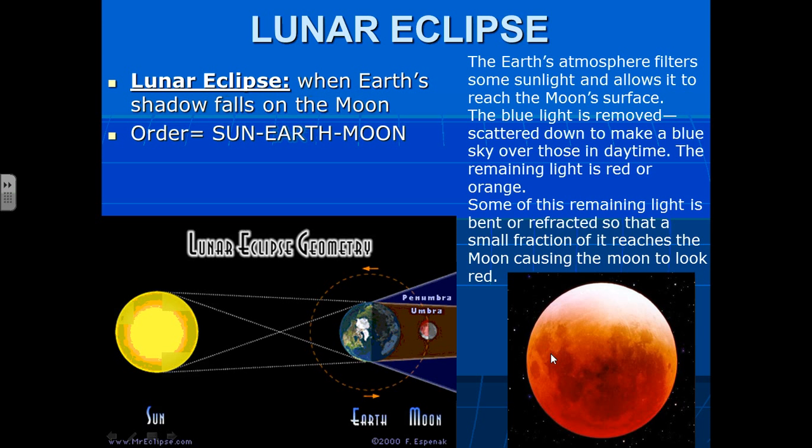The remaining light is red and orange though. So this remaining light is bent or refracted so that a small fraction of it reaches the moon, causing the moon to look red. So the Earth's atmosphere and the way the sunlight hits the Earth's atmosphere during a lunar eclipse is what actually causes the moon to look red or orange.